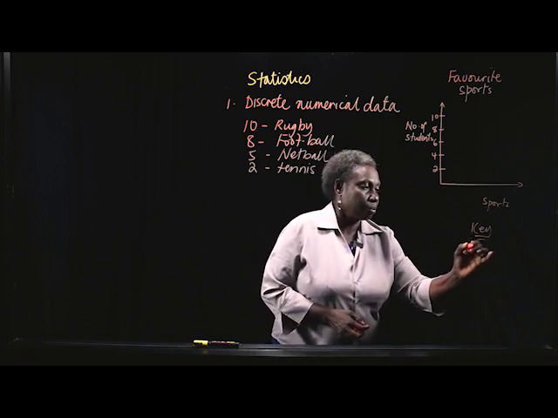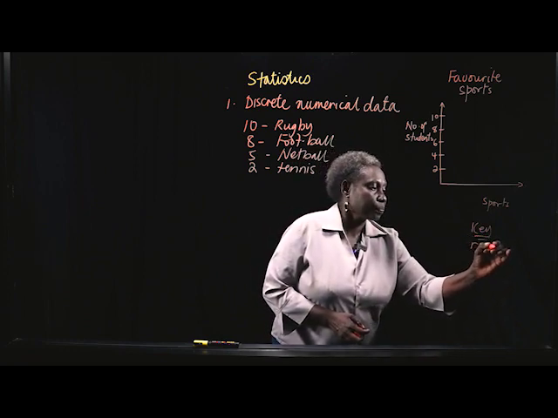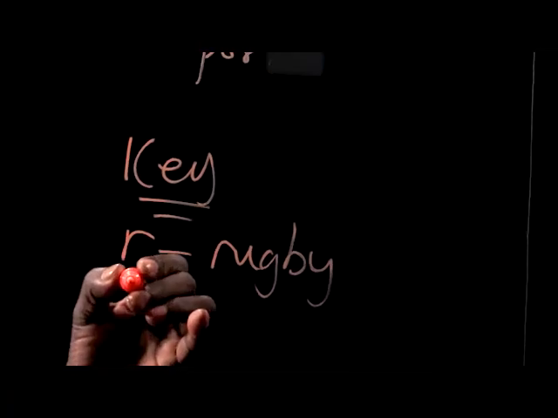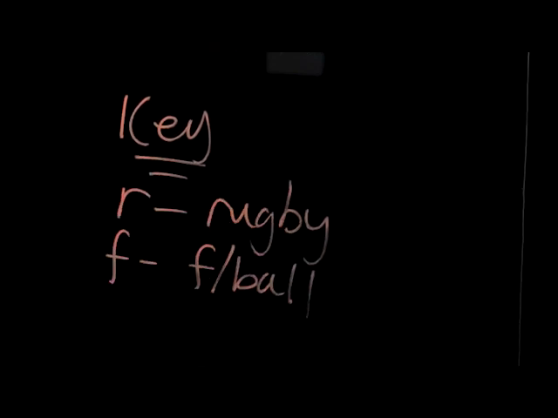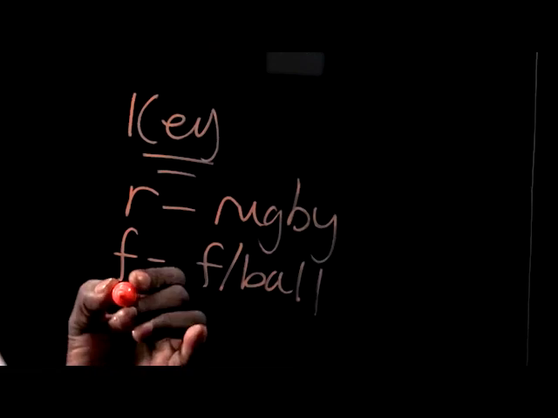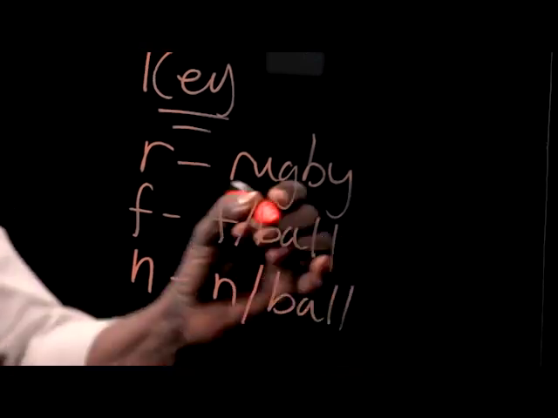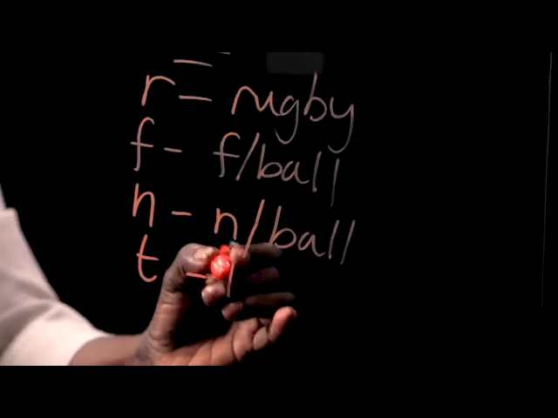So, we have R for rugby, F for football, N for netball, and T for tennis.